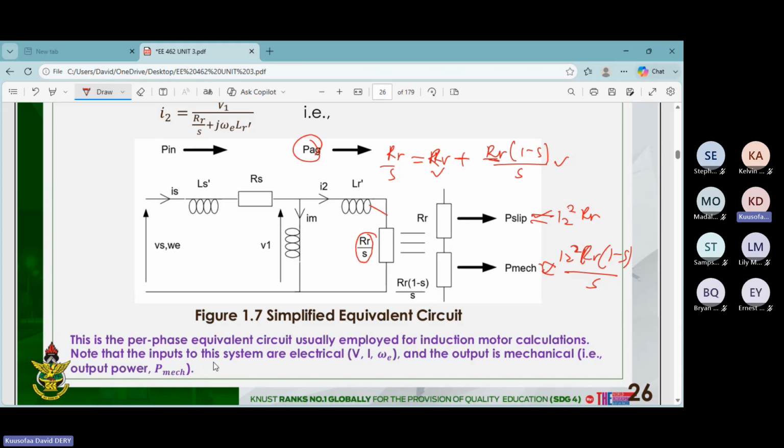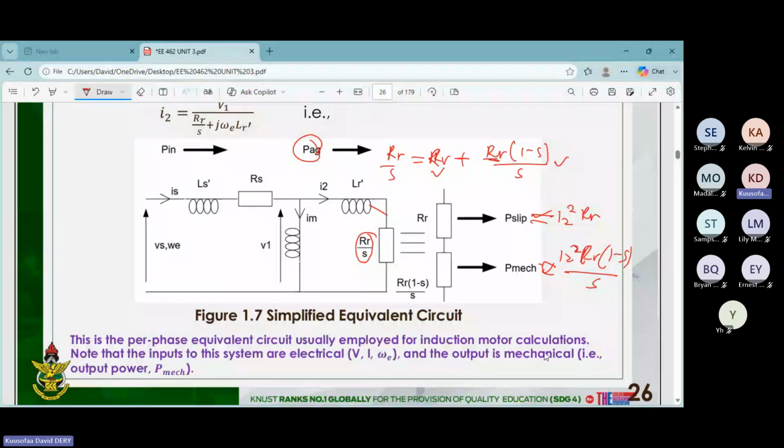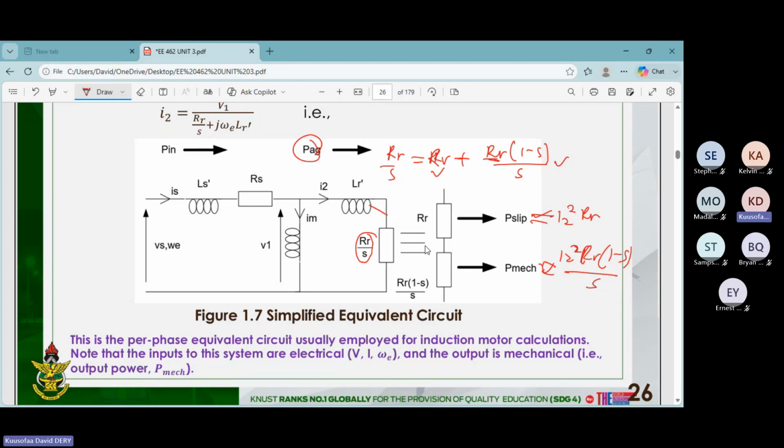Note that the input to this system is the electrical input, the voltage, the current that is supplied, and the frequency of the supply, and the output is the mechanical, which is the PMEC. So this equivalent circuit, we must know it. We should be able to draw it, and we should be able to use it to analyze and apply it to problems.